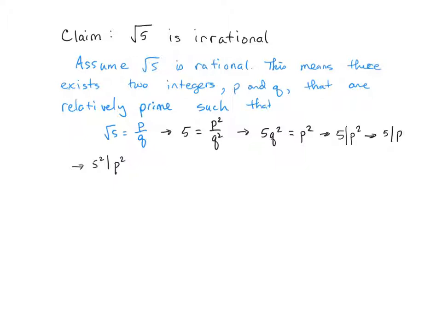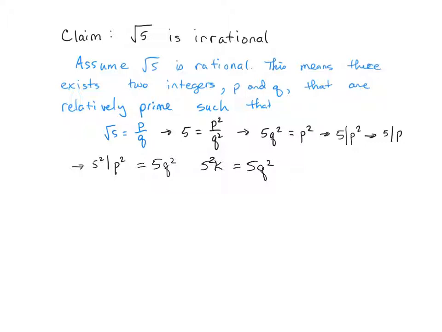Okay, so p squared is equal to 5q squared, which means that 5 squared divides 5q squared. So there must be some integer k such that 5 squared times k equals 5q squared.